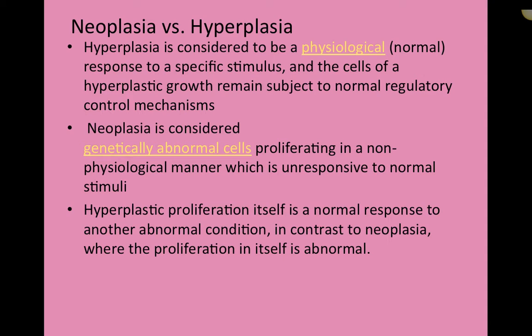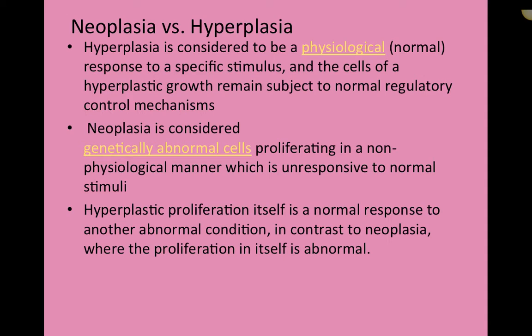Neoplasia is generally abnormal cells proliferating in a non-physiological manner, which is unresponsive to stimuli. So neoplasias are just happening regardless. There doesn't need to be a hormone imbalance, trauma or any sort of stimulus to create neoplasia.